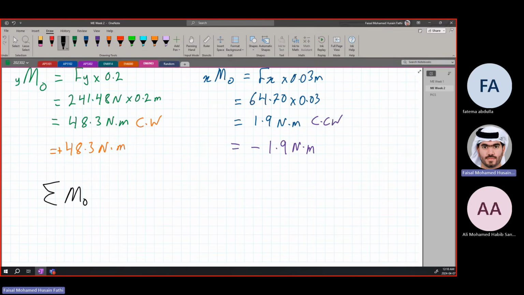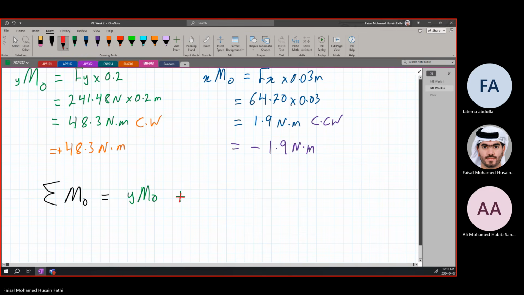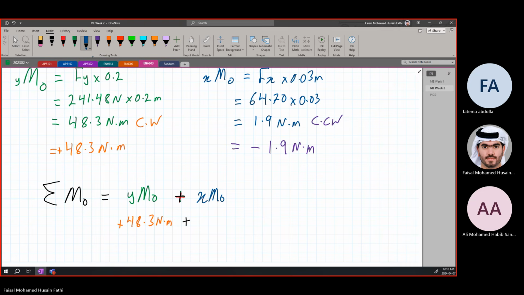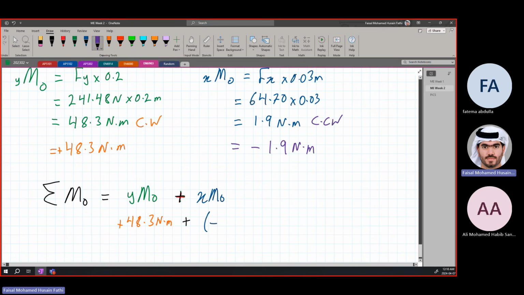The total moment about O is going to be the moment of y about O plus the moment of x about O. If we substitute here, this is going to be plus 48.3 Newton meters plus minus 1.9 Newton meter.